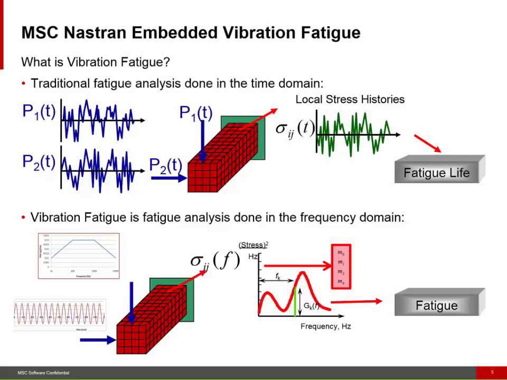And the inputs can be random in nature, or they can be deterministic in the form of sine or narrow band sweeps, or combinations of those. So a frequency response is run instead of a static or transient analysis, and the response stress PSD is determined, and that's what we use for the fatigue calculation instead of the stress time histories. So instead of time, we work in the frequency domain.